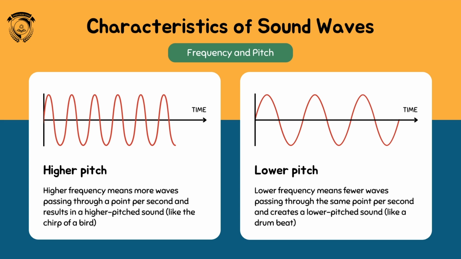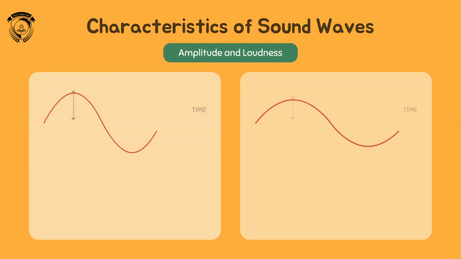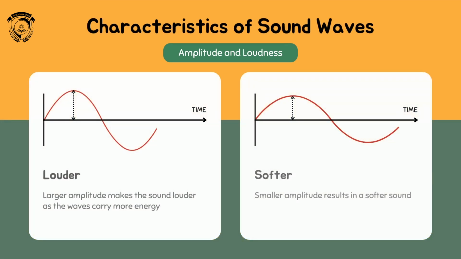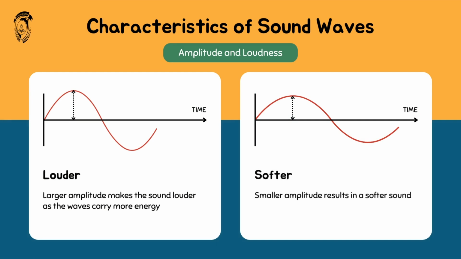Lower pitch means fewer waves passing through a point per second, and it creates a lower pitched sound, like a drum beat. Larger amplitude makes the sound louder as the waves carry more energy, and smaller amplitudes result in softer sounds.